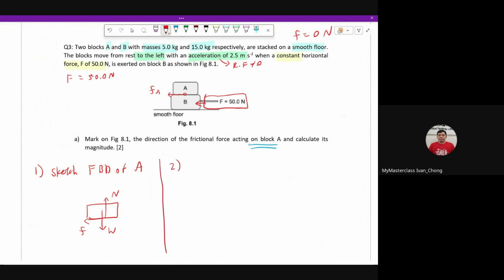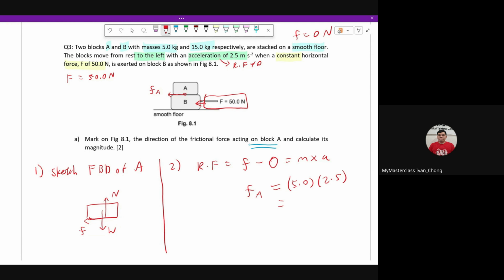So number 2, we'll use the formula. Resultant force is, now that we don't actually have a forward force, we'll use small f, and there won't be any other force. There's no rightward force over here. So this is 0, goes to m times a. So what is small f? This is what you're trying to find, right? m is m of A, this is 5.0, and acceleration they tell you is 2.5.